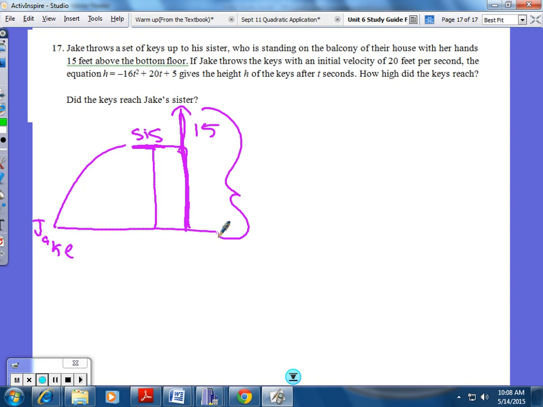They said he throws the keys with an initial velocity of 20 feet per second. That's why this middle number is 20 in this equation. How high did the keys reach? I'm sorry. We want the maximum, which is the vertex.